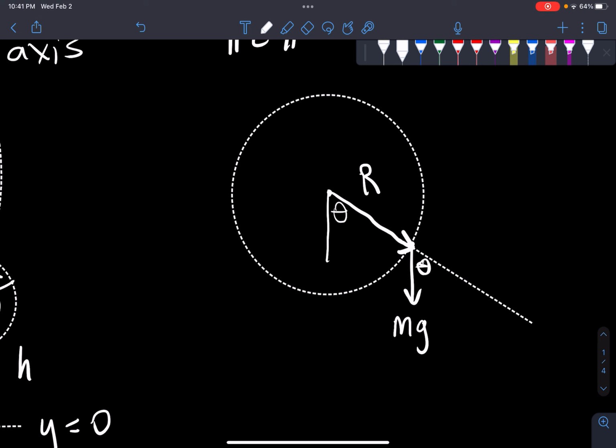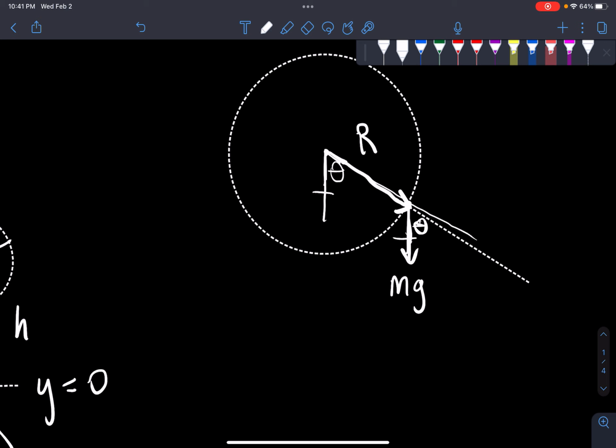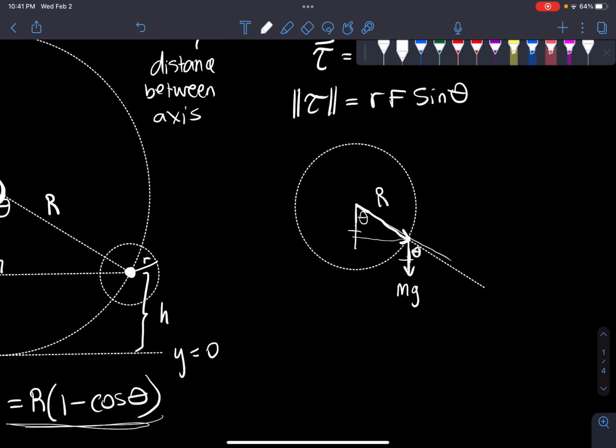If this line goes down, this line goes here, this line continues, and this line goes straight down, these two lines are parallel, so those two angles are the same. You can also think of it as making a right triangle here, but that's beside the point. All that goes to say is that this is the angle between them, theta.